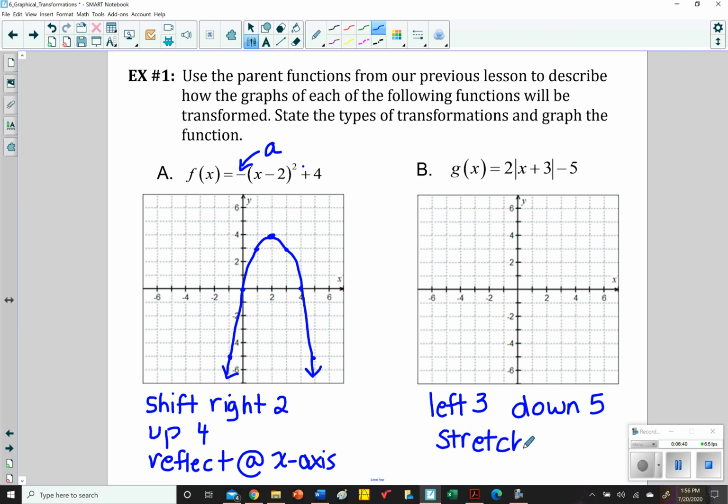And that stretch factor kind of acts like a slope with the absolute value. So if we come over here to -3, -5, and the slope has a rise 2, run 1, rise 2, run 1, 2 up and 1 in both directions. It's a really easy, quick way to graph absolute value.